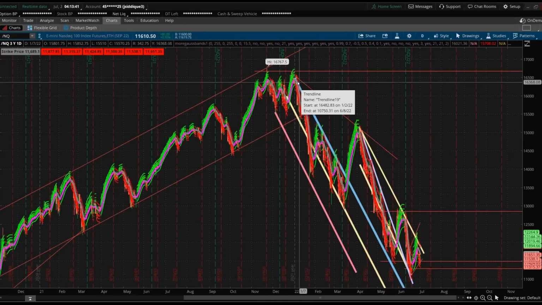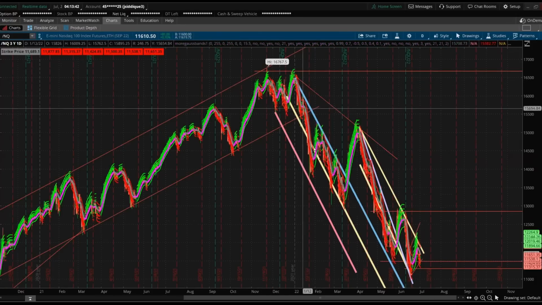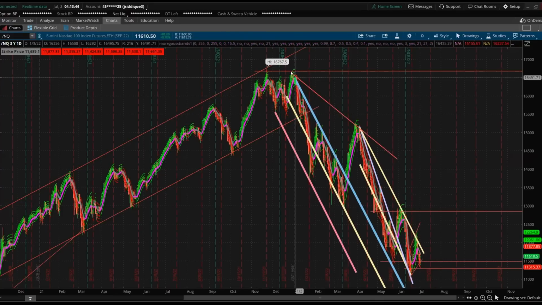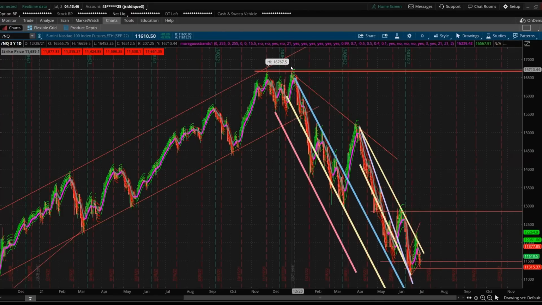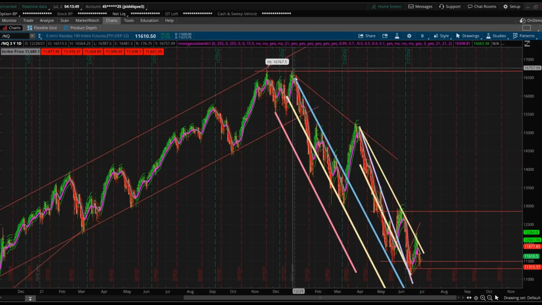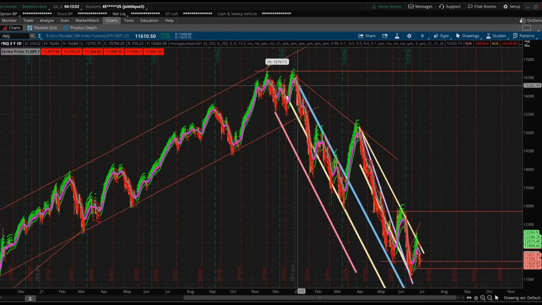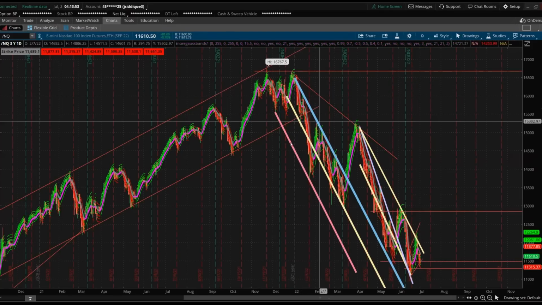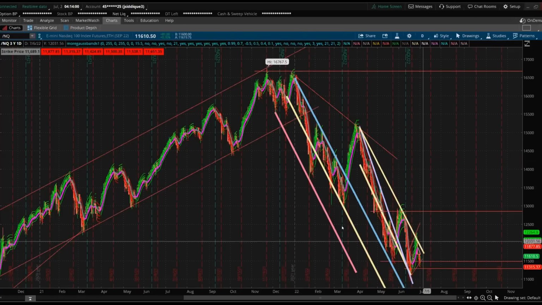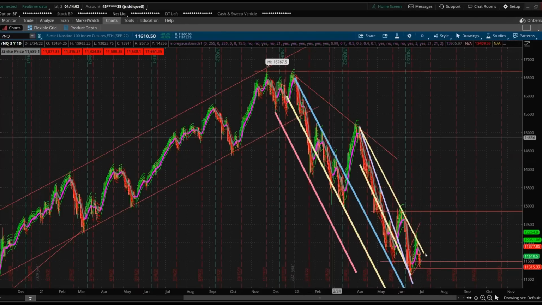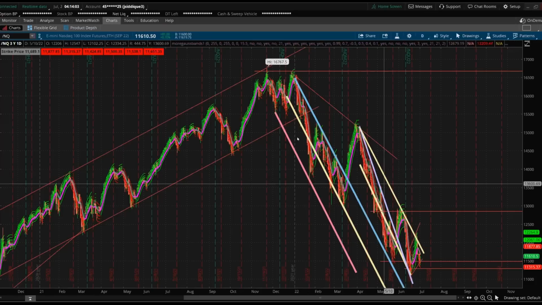And then I think that the whole sell-off this year, from the beginning of the year, we didn't even get a break. From the first day of the year down, it has been largely, you could say, one wide channel with this pink all the way up to the white right here. You could say that was one wide channel, or you could say it was two channels.